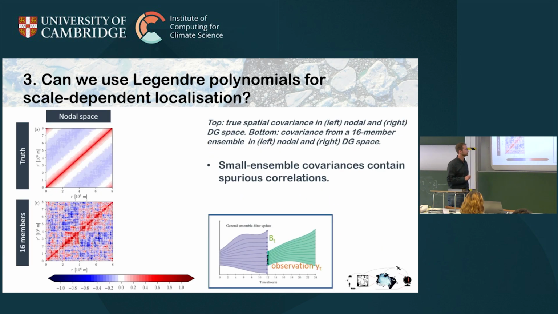The third problem we looked into is explained over here. On the top is the covariance from a 10,000 member ensemble. On the bottom, the same covariance, but now from a 16-member ensemble. And as you can see, you get a lot of noise due to sampling error.